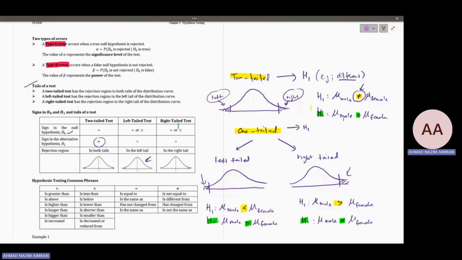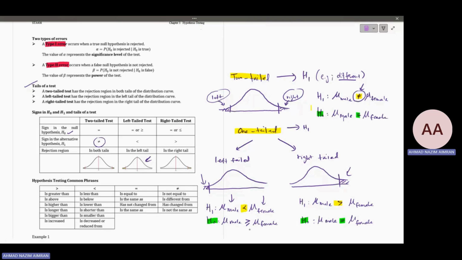I just want to be clear with you that you can use other symbols. For example, when we are testing whether the mean of male is less than the mean of female, you can use the symbol greater than or equal to for the null hypothesis.